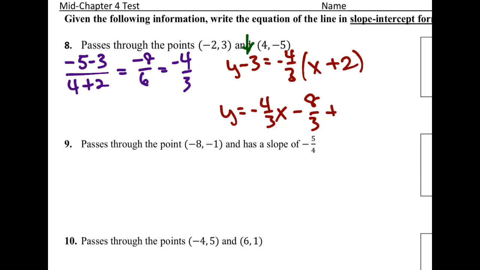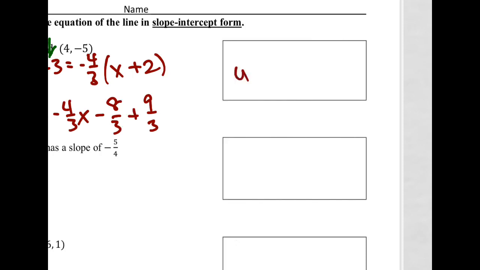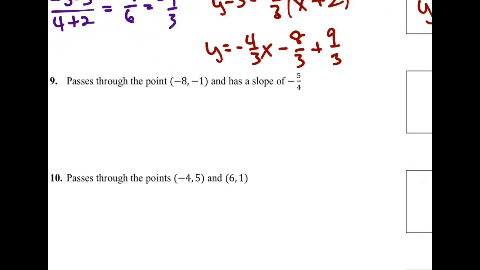So if we're adding 3 to both sides, we're going to get a common denominator right there, and that common denominator is going to be 3. So that's going to make this 9/3. So there's my plus 3, and that's what gives us our -4/3 x plus 1/3. Okay. All right.